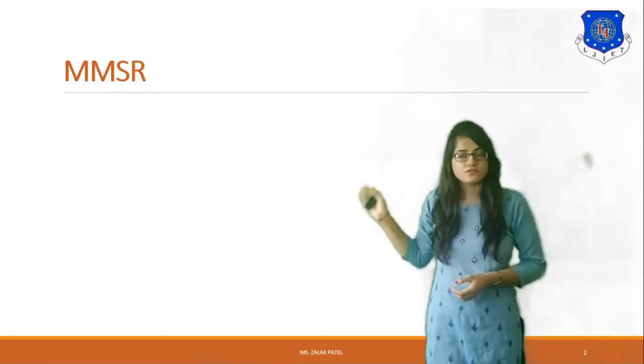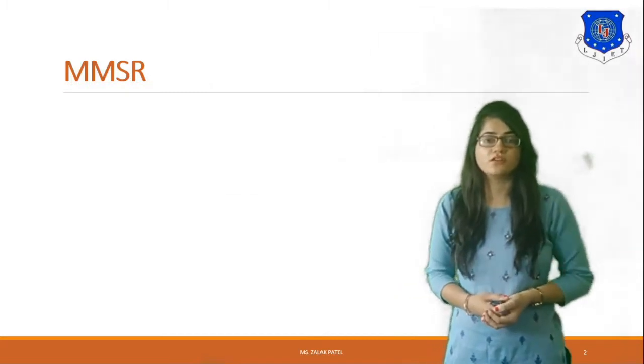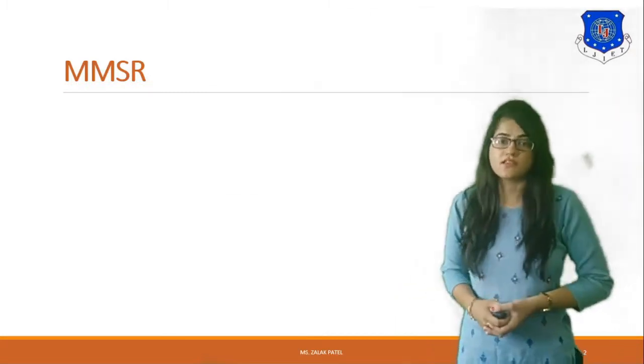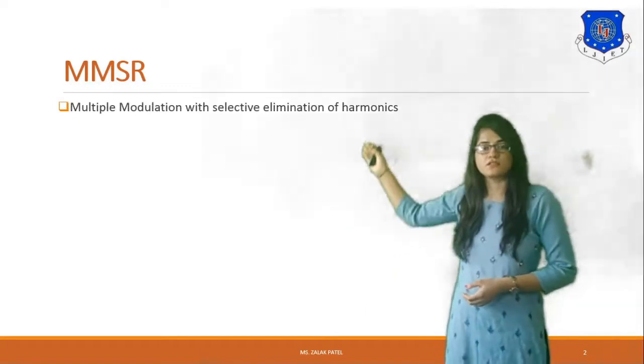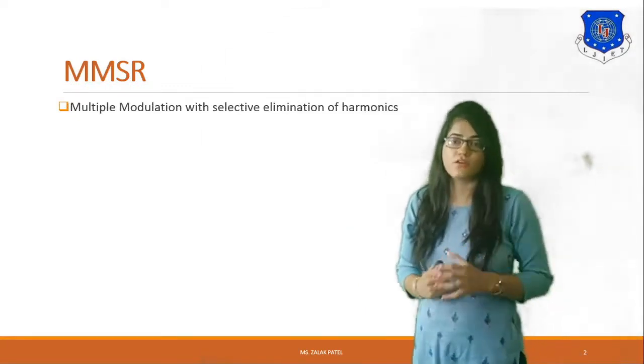Now in this session, let's discuss the last three types of inverters. The first one is MMSR. MMSR stands for multiple modulation with selective elimination of harmonics.